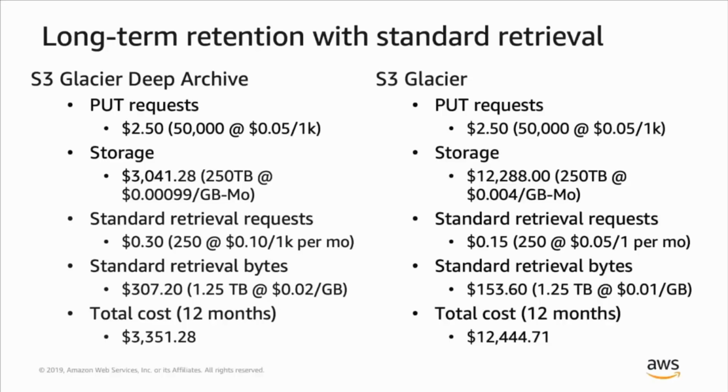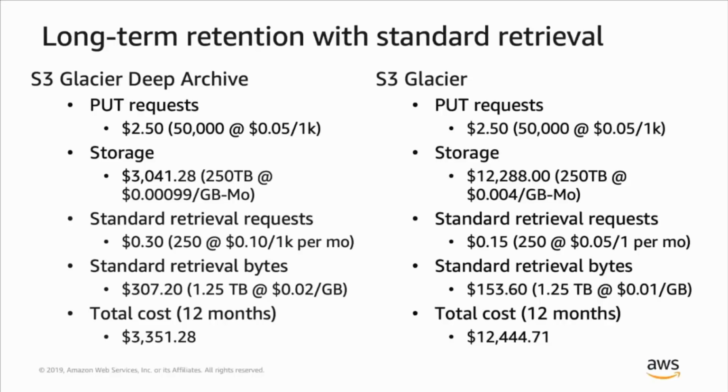Your storage costs are where you really see that 75% difference shine. It's just more than $3,000 for the 12 months of storage in Glacier Deep Archive, where it's more than $12,000 to keep that in Glacier. Your standard retrieval requests, even with the 2x price with Glacier Deep Archive as compared to Glacier, it's really not a large difference.